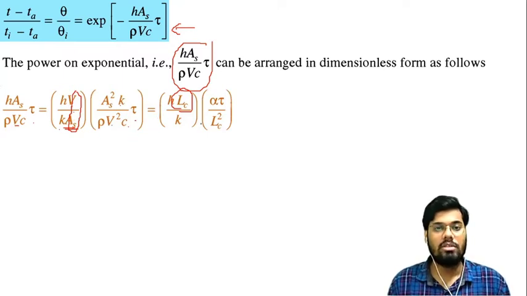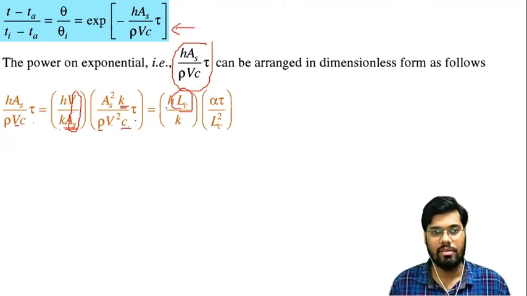We know that k by rho c is thermal diffusivity. So instead of k by rho c, we write thermal diffusivity, which is denoted by alpha. Tau, this is V square by As square, volume square upon surface area square, so it is Lc square.